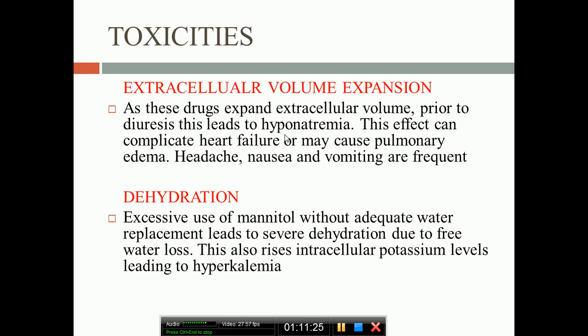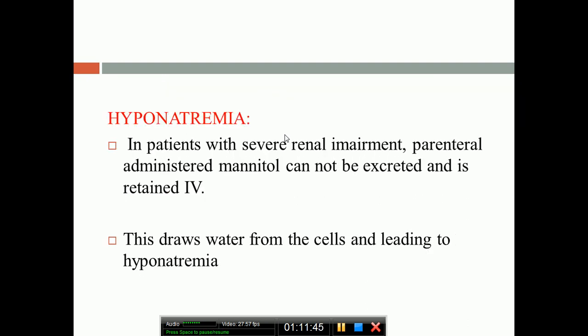Once the diuresis starts to occur, these can cause dehydration or depletion of intracellular volume. While the water is leaving, this can cause hyperkalemia.